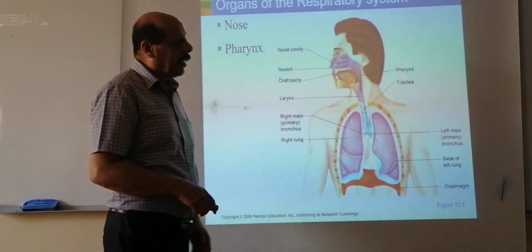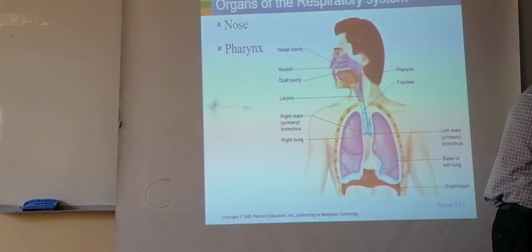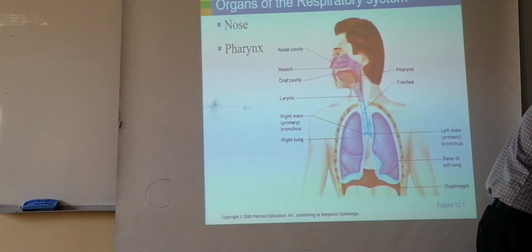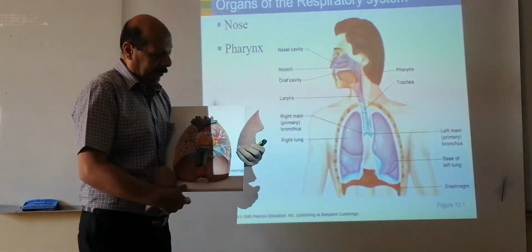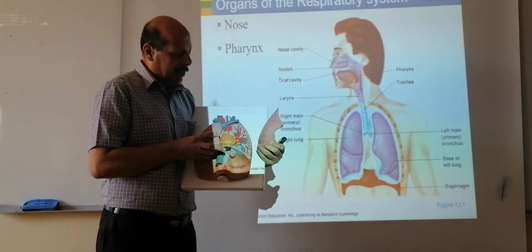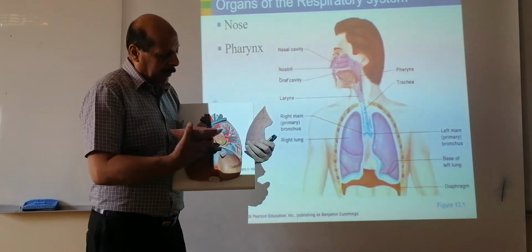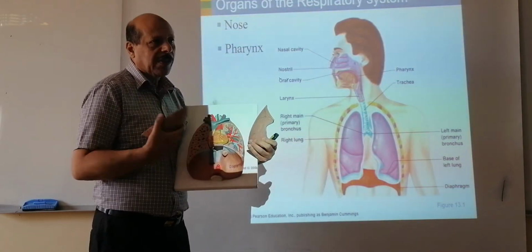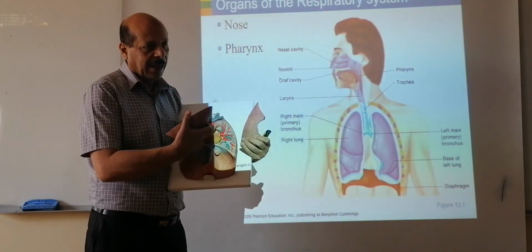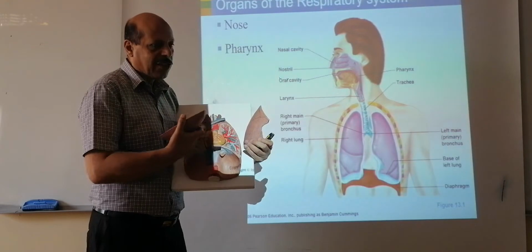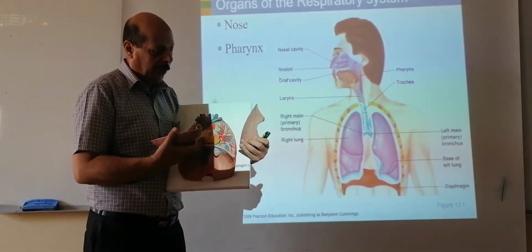So the two lungs are there, and the heart is in between them. Also, as we said, the pulmonary circulation is going toward the lungs, gas exchange will be there, then the oxygenated blood will return back to the heart.